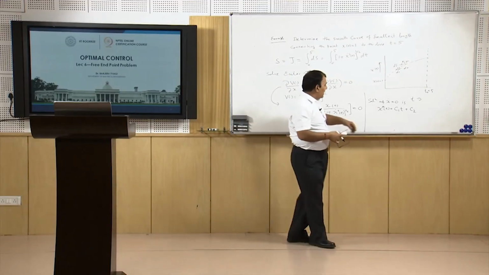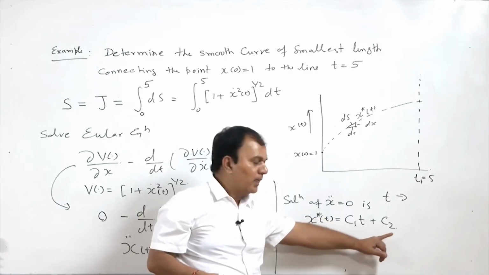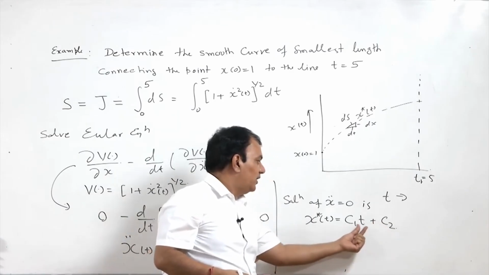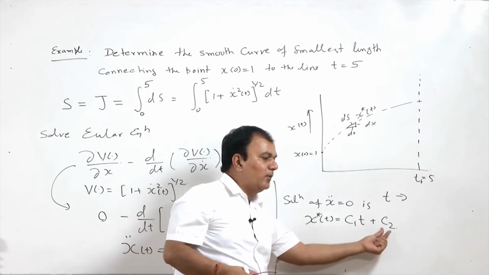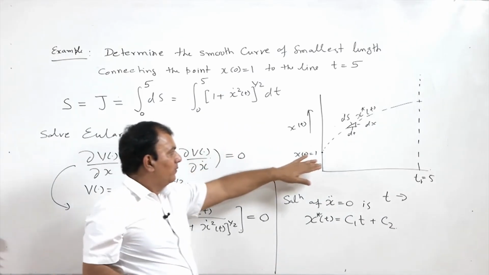This optimal x star is in the form of C1 and C2, so my objective next is to find the values of C1 and C2 using the end point conditions.